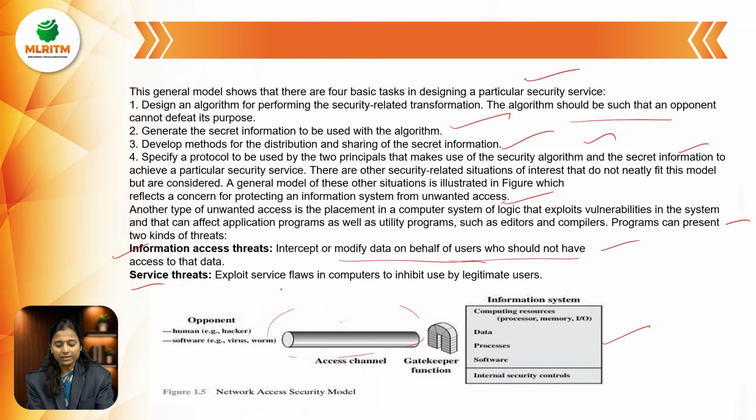Here the services will have flaws, meaning exploiting service flaws in the computers to inhibit use by legitimate users. Whatever network we are using, if we get false information, we are not able to use that network. That is the service threat.